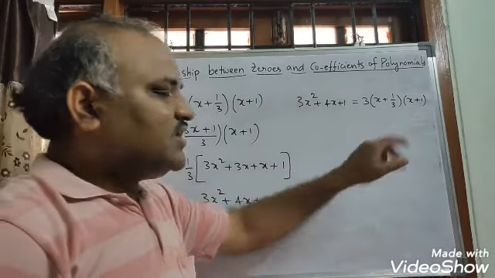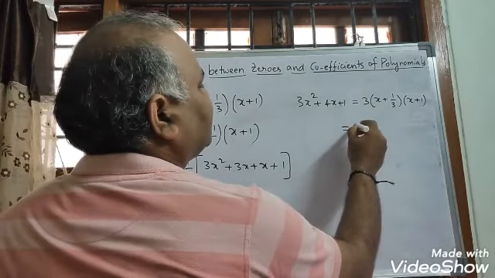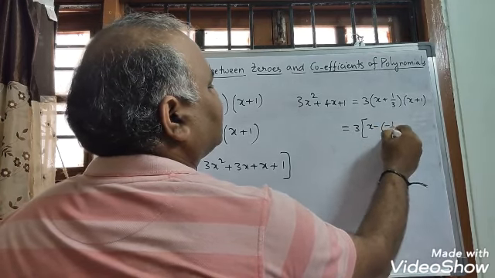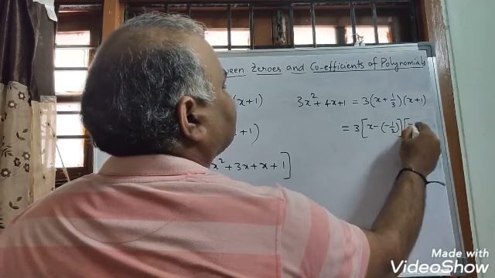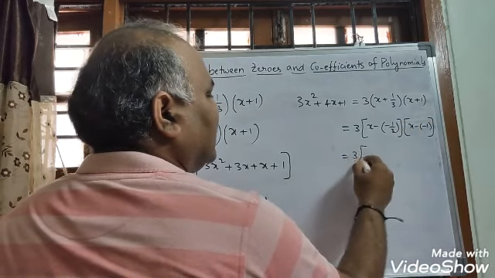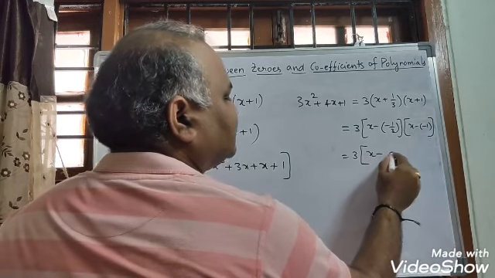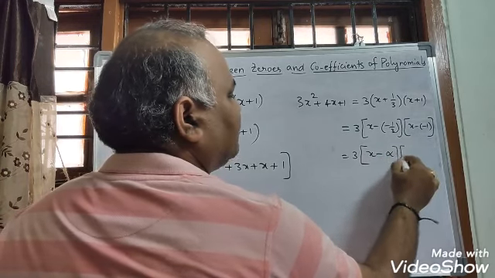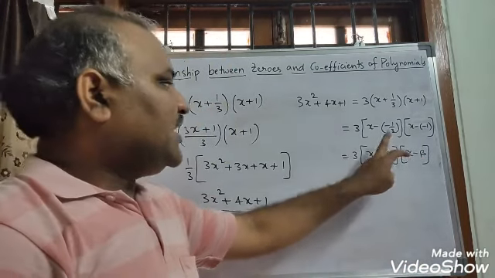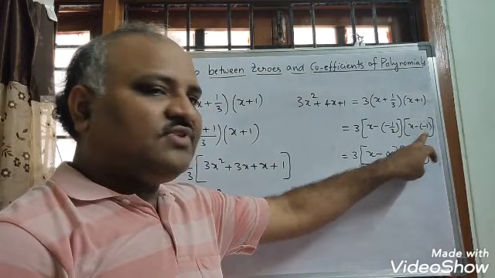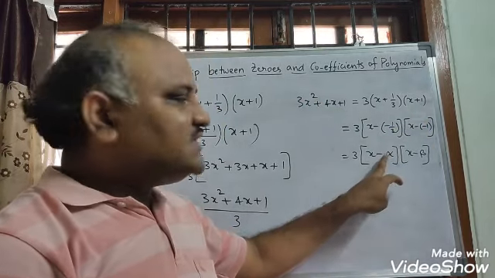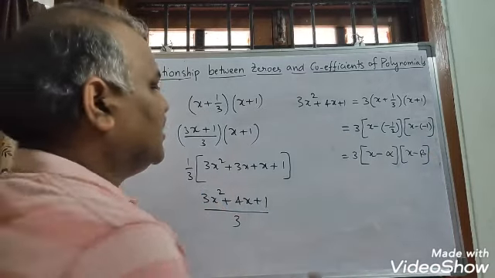Here we can clearly understand that it is 3 into x minus of minus 1 by 3 into x minus of minus 1, and we can express it in this way, x minus alpha into x minus beta. Because here minus 1 by 3 and minus 1 are the zeros of this particular polynomial, those we have represented as alpha and beta for a general polynomial.